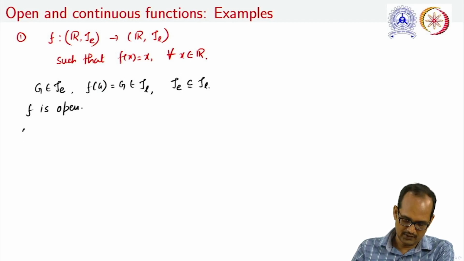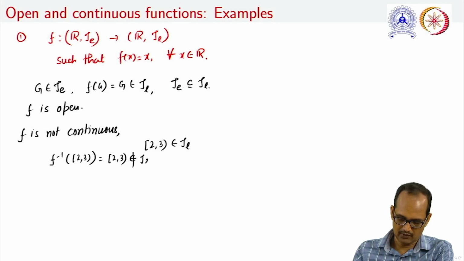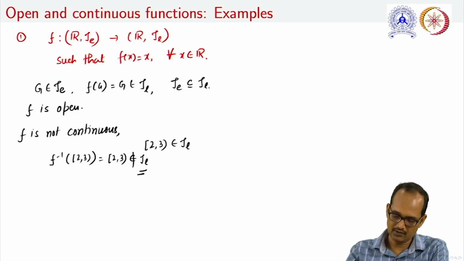But note that f is not continuous, because if we are taking this semi-open interval [2, 3), this belongs to lower limit topology, but the inverse image of this [2, 3) under f is again the same semi-open interval, which is not a member of Euclidean topology. So this is an example of a function which is open but not continuous.